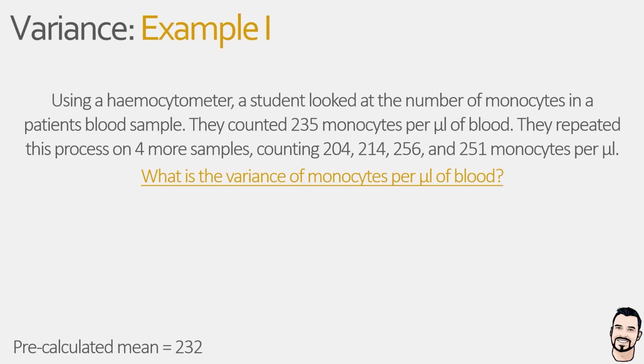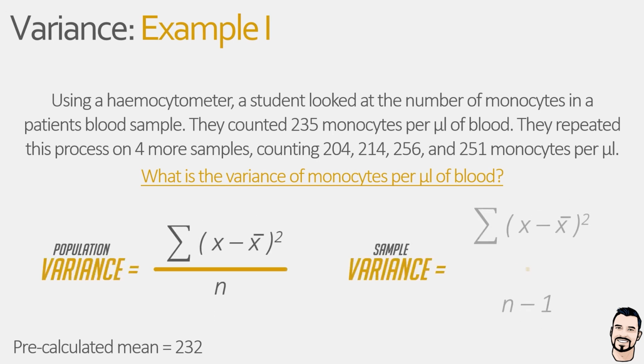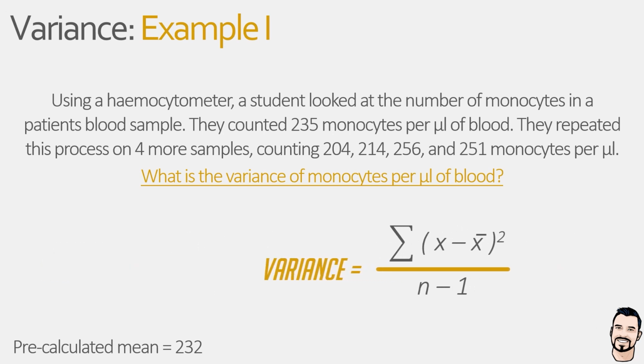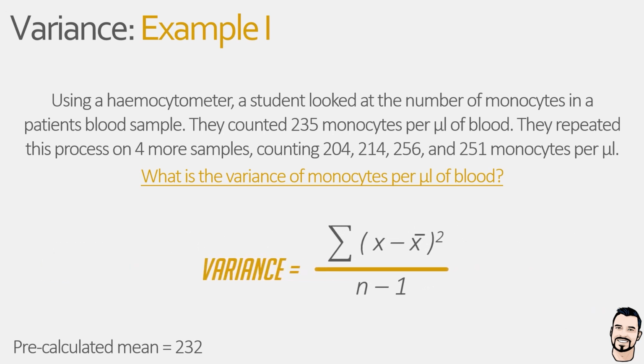Now before we start transferring information into our equation, we need to determine what we are looking at and whether we need to use the equation for population variance or sample variance. So in this instance, the student is counting 5 different samples which come from a larger blood sample. Therefore, we are going to select the equation for sample variance, which we can now populate with all of the information from the question.